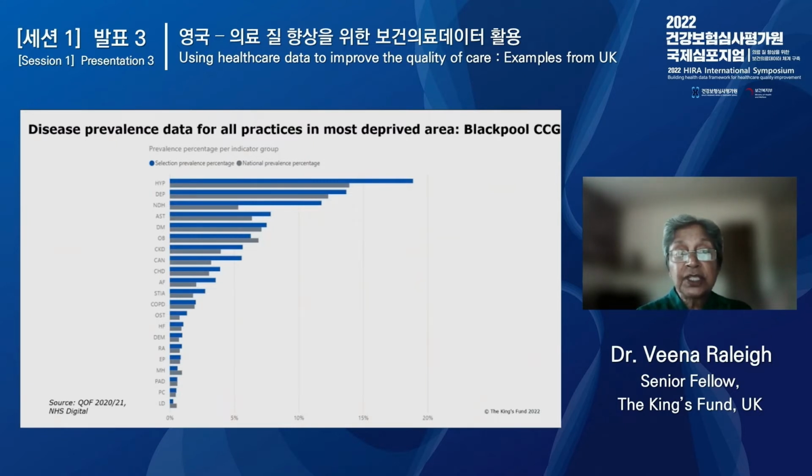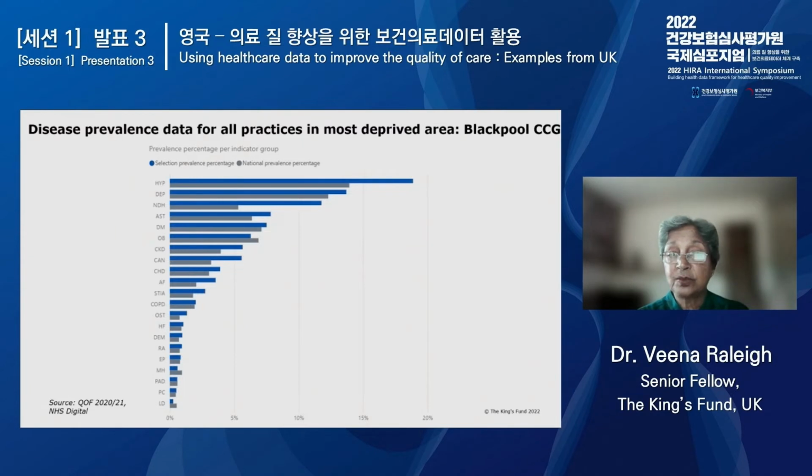And for each condition, the blue bar shows what the prevalence of that disease is in that particular area, Blackpool. And the grey bar shows what the national average disease prevalence is. And you can see, for example, that the first blue bar, which is hypertension, almost 20% of the population in Blackpool has hypertension.